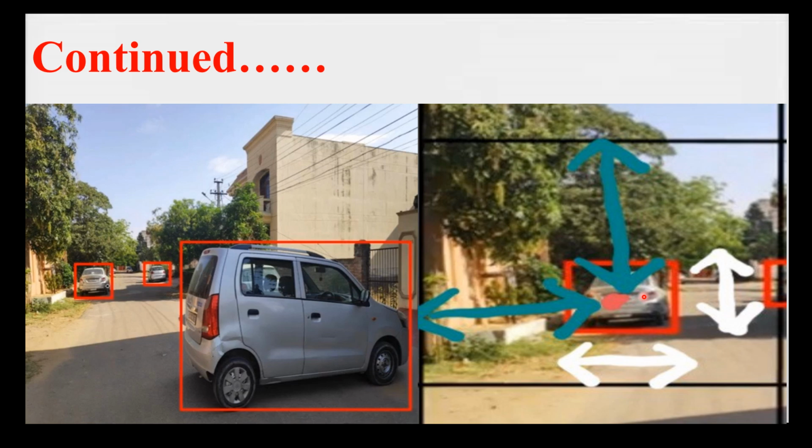Then the vertical blue arrow is Ty, the distance between the red dot and the uppermost part of the grid. The horizontal white arrow line is the width of the bounding box with respect to the grid and is stated as Tw. The vertical white arrow line is the height of the bounding box with respect to the grid and is stated as Th.